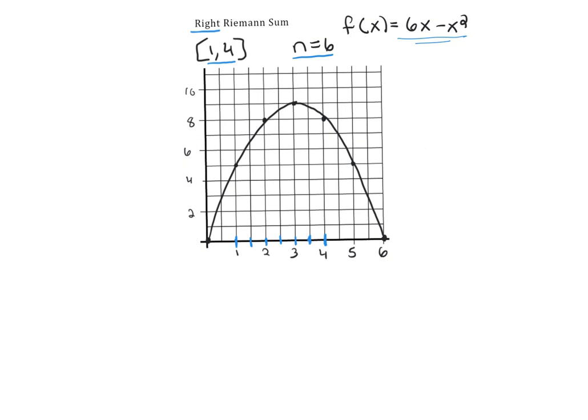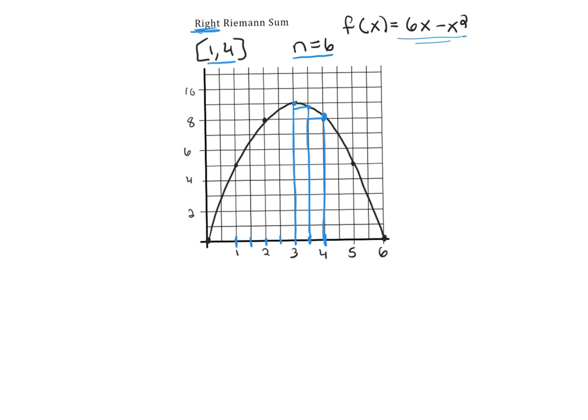Okay, so now we're doing a right Riemann sum. I'm going to start on the right side of my interval right at 4. I'm going to put a dot, and I'm going to move to the left. At 3.5, I will put a dot and move over, putting the dot on the right, moving to the left.